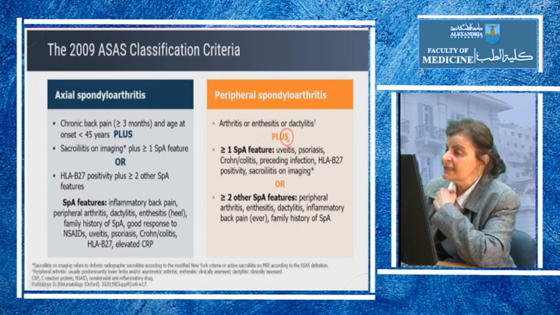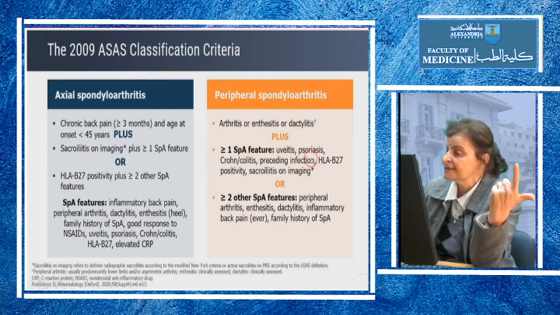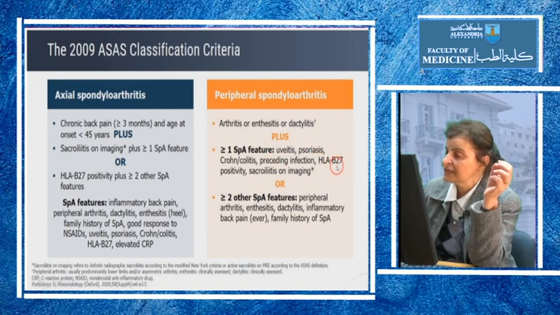Here we need 1 or more SpA feature, or if they present with these peripheral manifestations, we need 2 or more of the other SpA features. So if it's arthritis, enthesitis or dactylitis, we need 1 or more SpA feature being uveitis, psoriasis, colitis, preceding infection, genital infection, GIT infection, HLA-B27 positivity.